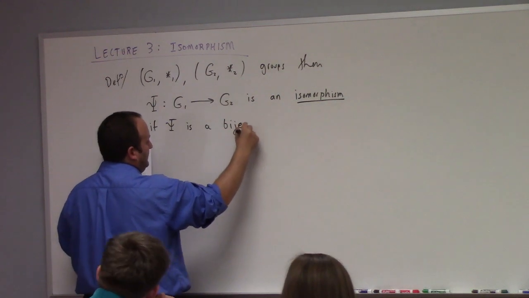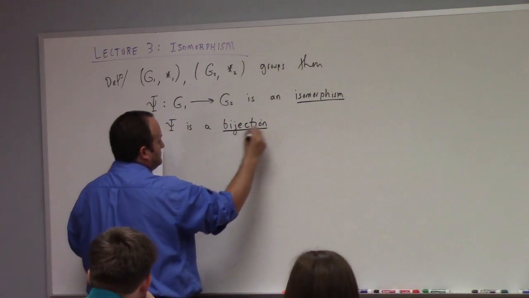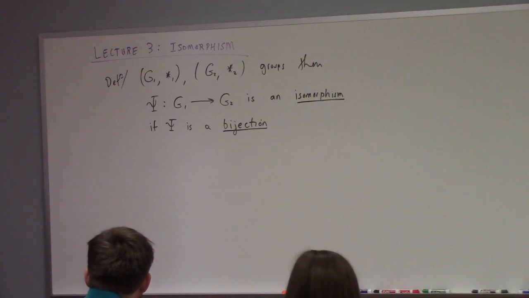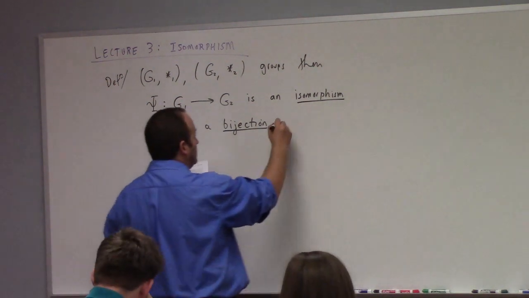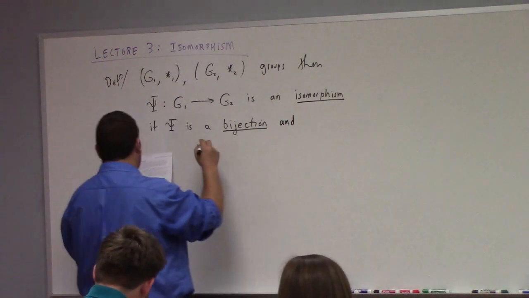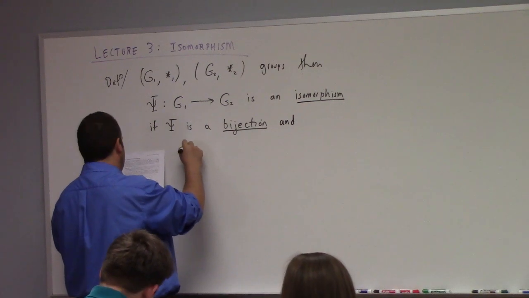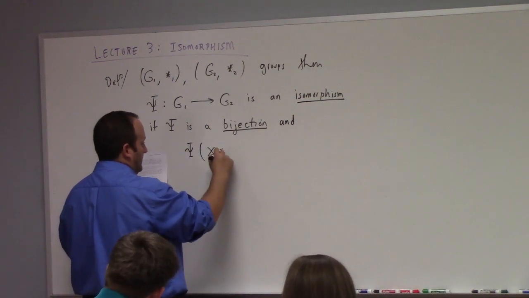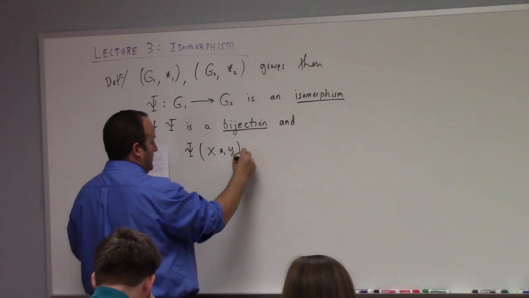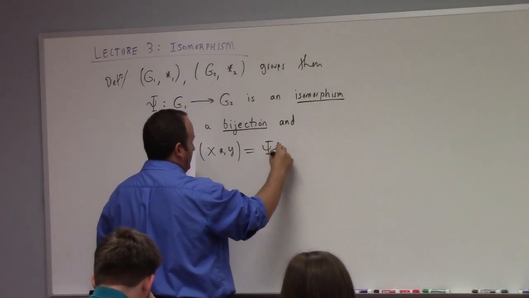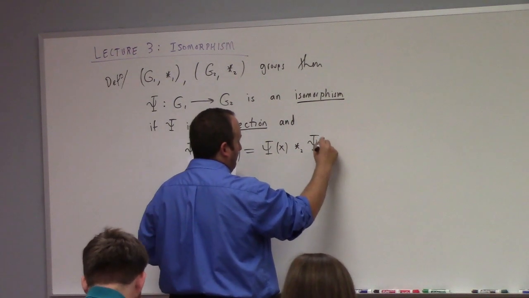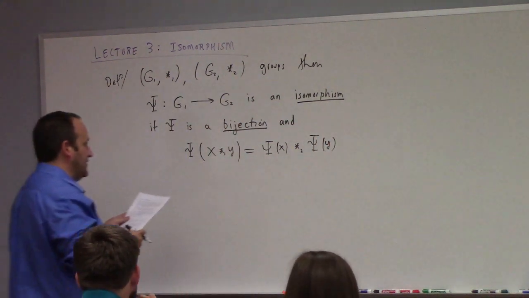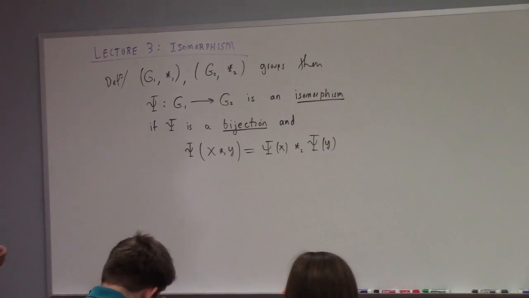What does it mean when we say something's a bijection? It's injective and surjective. It's one-to-one and onto, right? So if it's a bijection, and it preserves the structure in the following sense: psi of x times 1, y, is equal to psi of x times 2, psi of y. I'll add some parentheses just to make sure there's no confusion.